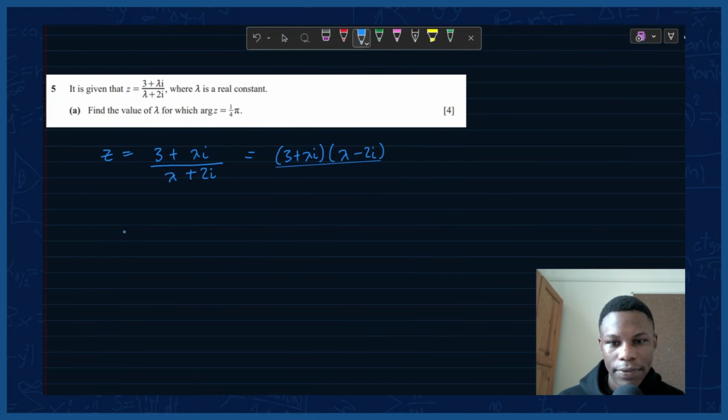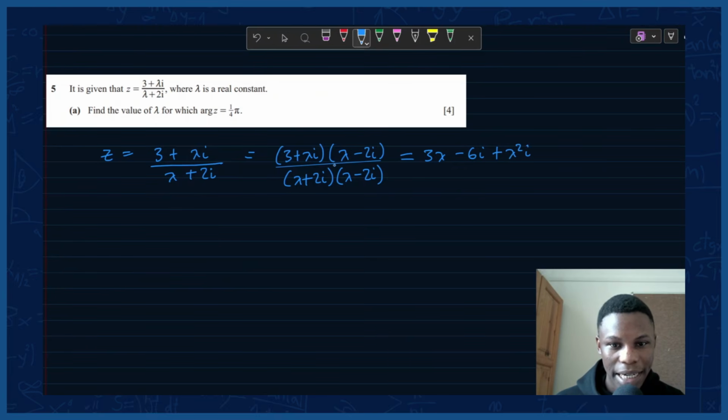And this is being divided by lambda plus 2i times lambda minus 2i. So I've got 3 times lambda, which is 3 lambda. Then I've got 3 times -2i, which is -6i. Then I've got lambda i times lambda, which is lambda squared i.